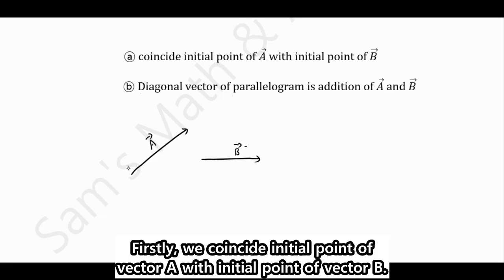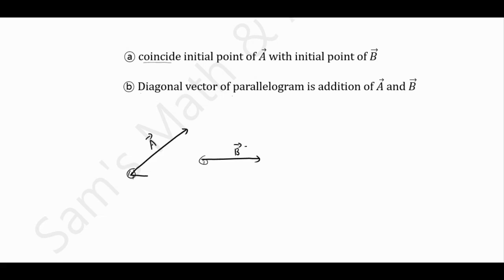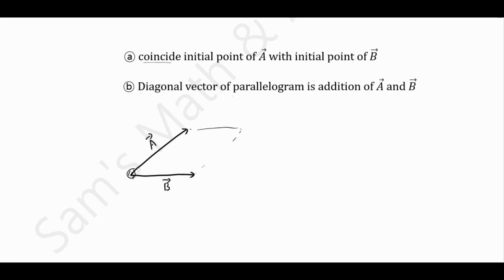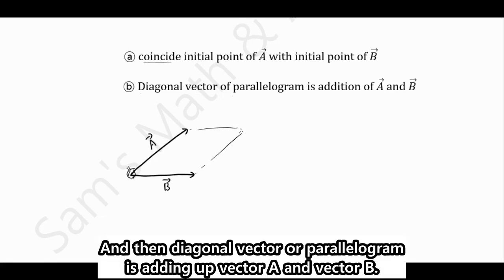Firstly, we coincide the initial point of vector A with the initial point of vector B. Then we can create a parallelogram. And then the diagonal vector of the parallelogram is the sum of vector A and vector B.